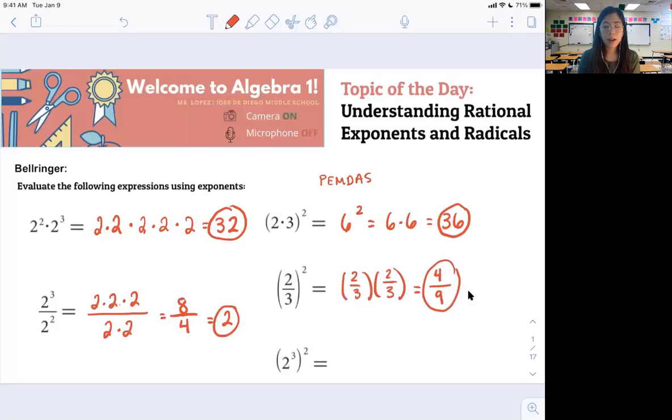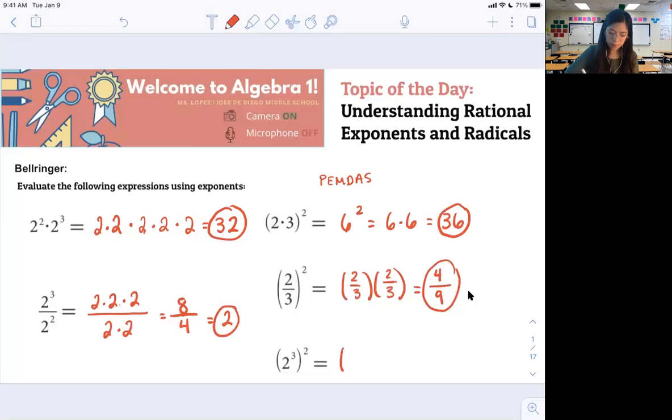Cool. All right. And then the last one, I have an exponent and then another exponent. So it's like a double exponent. Well, in this case, again, I have parentheses and I have an exponent. Which one do I do first? The parentheses on the inside. On the inside, yeah.